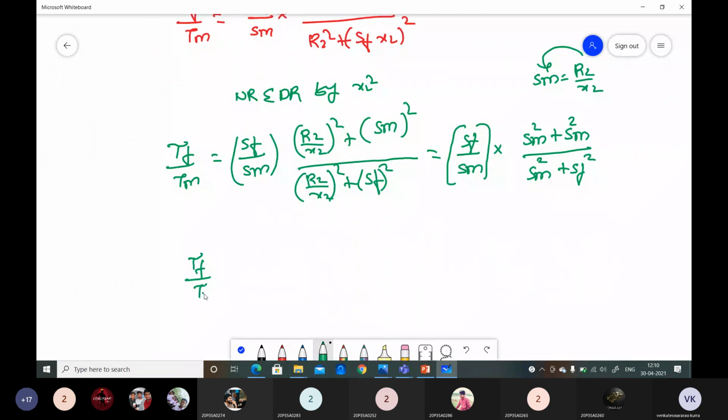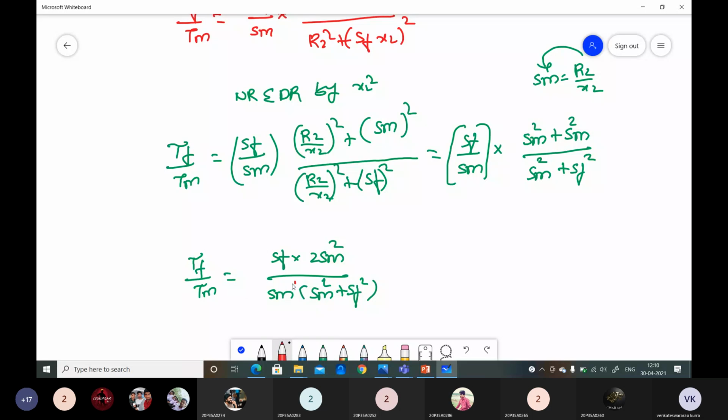So T_F by T_M equals S_F by S_M into 2 S_M square by (S_M square plus S_F square).